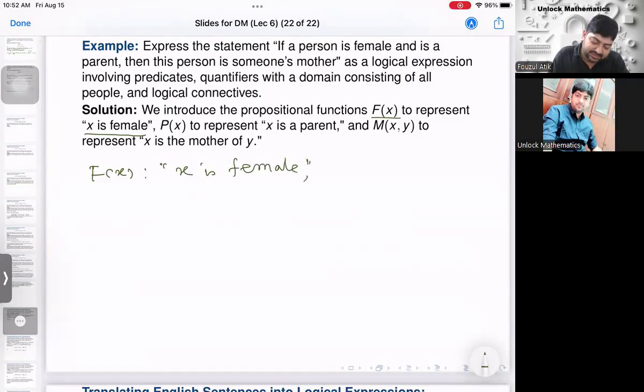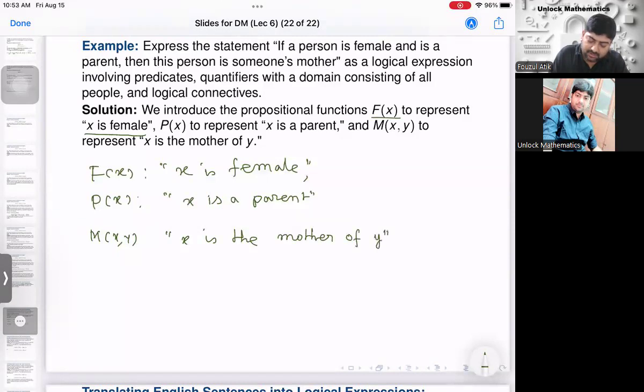You represent P(x) as x is a parent, and you represent M(x, y) as x is the mother of y. So three propositional functions we have written, right?